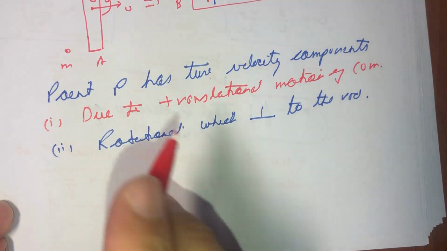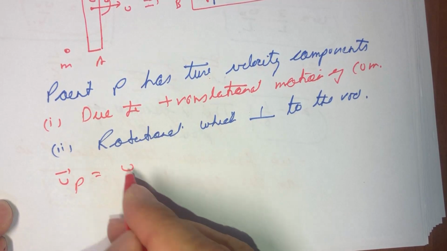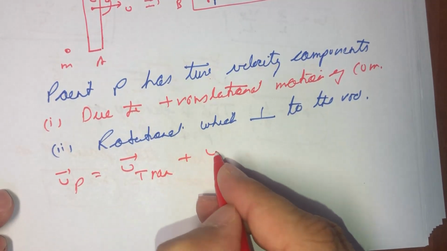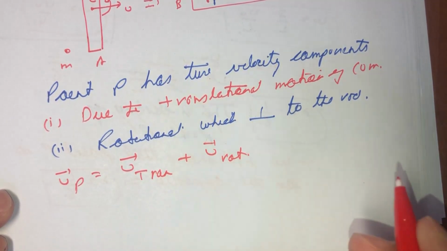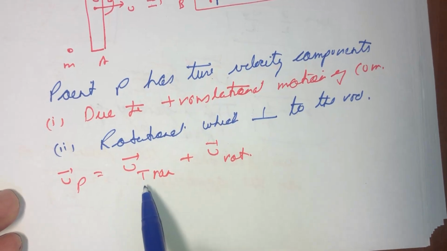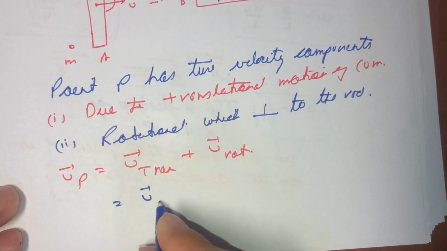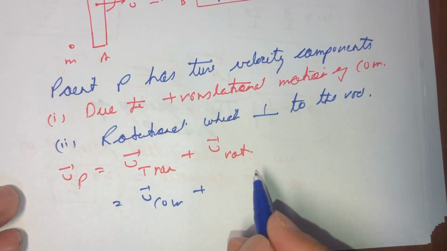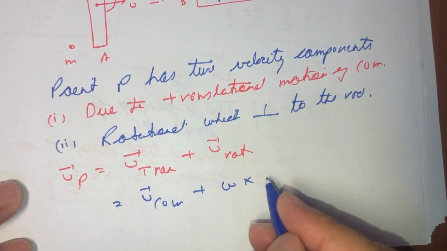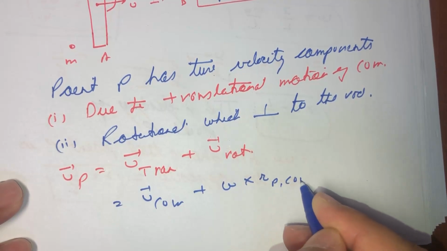So we can write that the velocity of point P is going to have velocity translational plus velocity rotational. Translational, we already know, is the velocity of center of mass. So this becomes velocity of center of mass plus rotational, which will be the angular velocity multiplied by the position vector of point P with respect to center of mass.